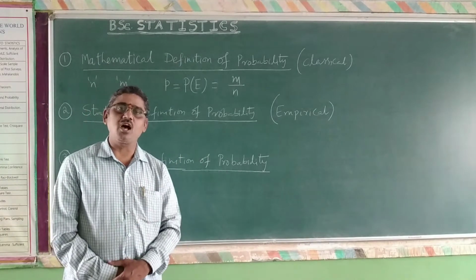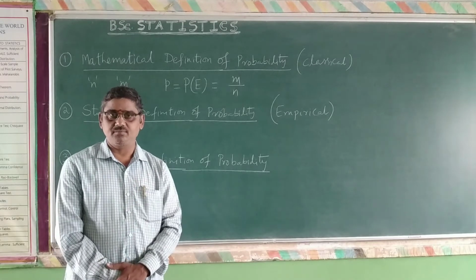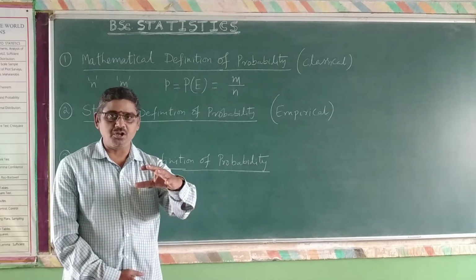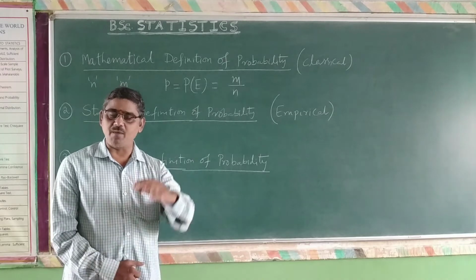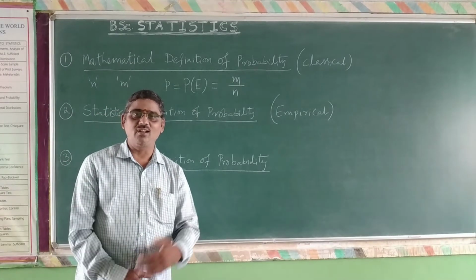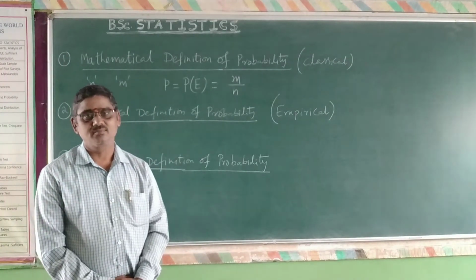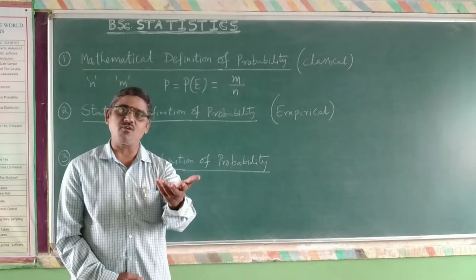Similarly, what is the probability of a birth rate in a particular state or country? Then what is the favorable number of outcomes, and what is the total number of outcomes?